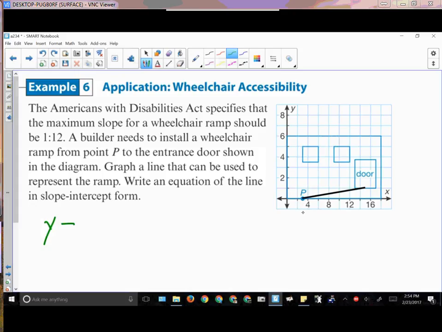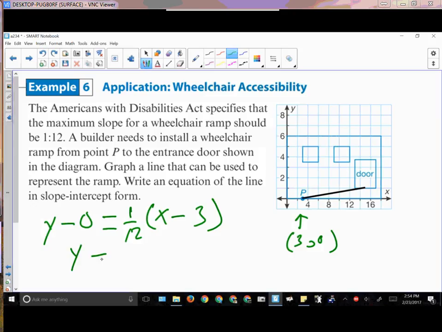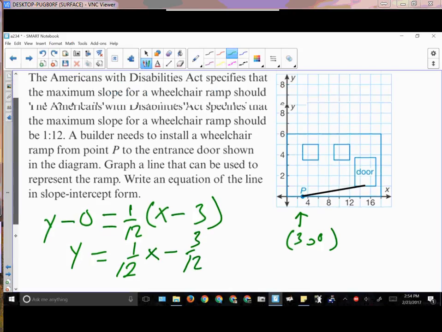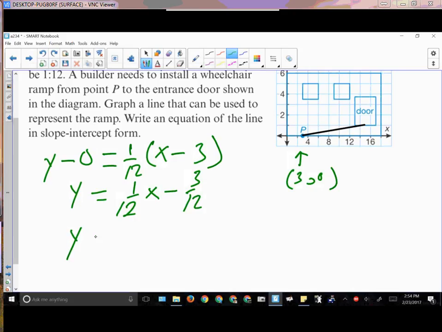That would probably be 3 then, right? So this coordinate right here is going to be 3, 0. So y minus 0 is equal to slope 1/12 times x minus 3. So that means y is going to be equal to 1/12 x minus 3/12, or if you like, y is going to be equal to 1/12 x minus 1/4.